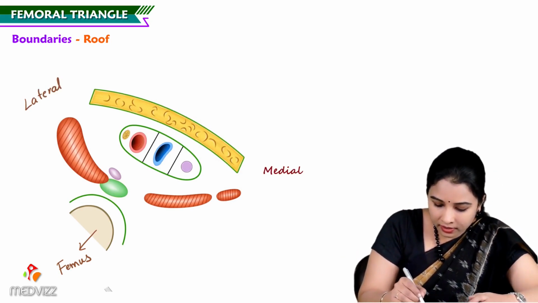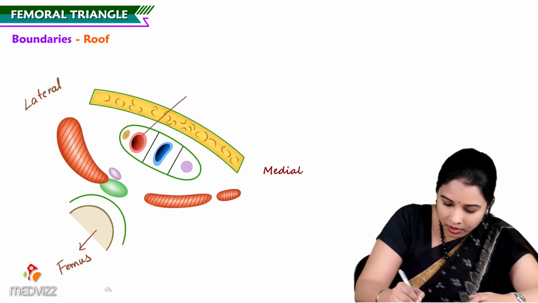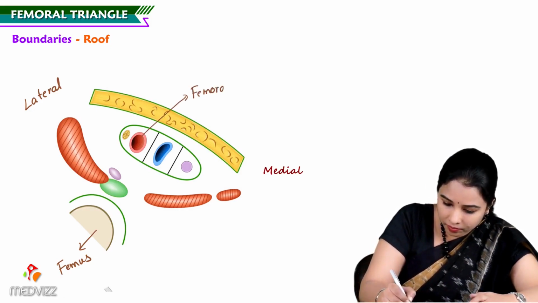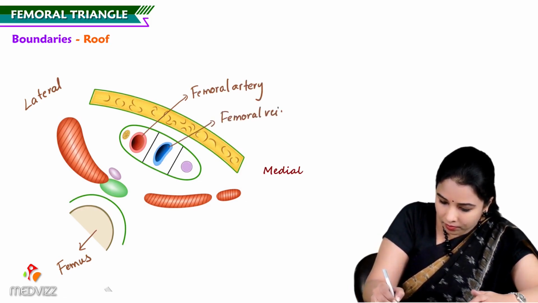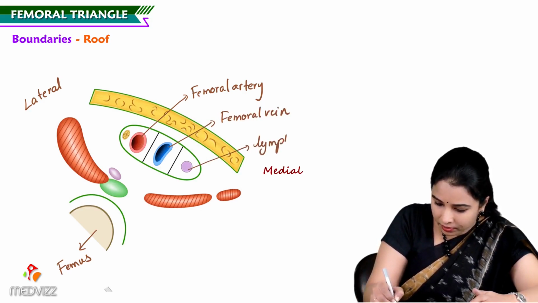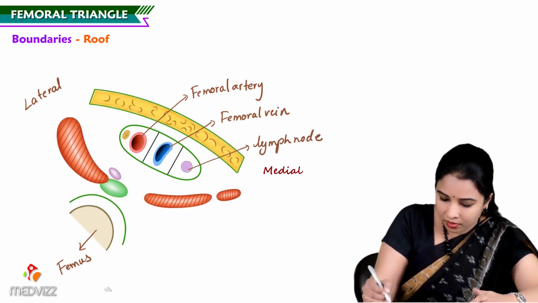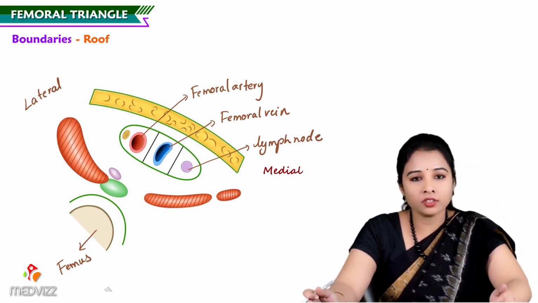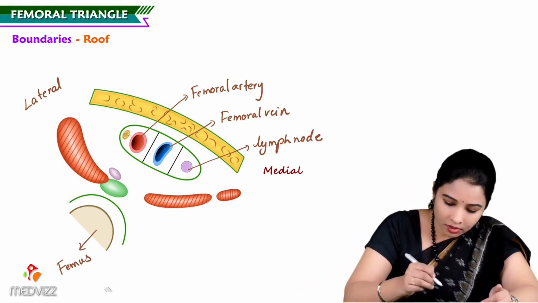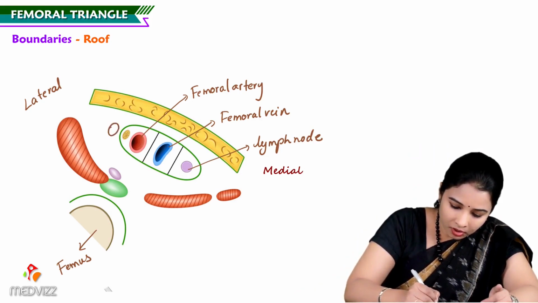The medial side, you can see the artery here, and next to the artery, the femoral vein. And most medially, we can see the lymph node, called the femoral lymph node. So all this I will discuss a little later. The artery, vein and lymphatics are present in a sheath called the femoral sheath. The nerve, femoral nerve, is present outside the femoral sheath.